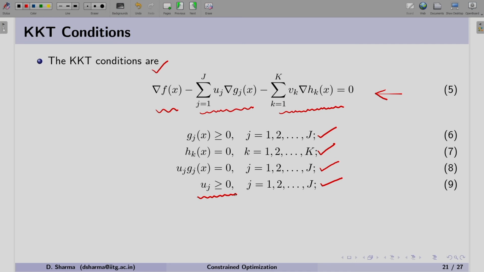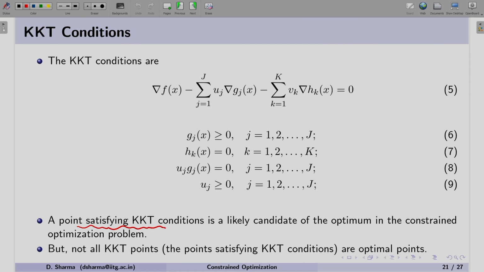For the KKT conditions, there are certain situations. First, a point satisfying the KKT conditions is a likely candidate of the optimum in the constrained optimization problem. So, this statement says that if I get a stationary point, say x bar, and I check the KKT conditions and all the conditions are satisfied, then this x bar is a likely candidate.